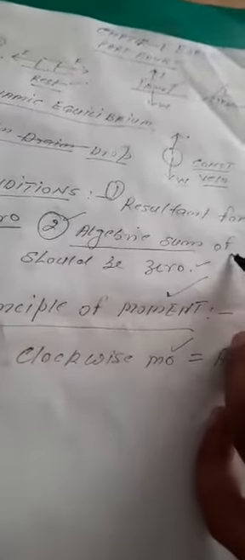Now the question is, what are the conditions for equilibrium? First condition: the resultant force acting on the body should be 0. And the second condition is that the algebraic sum of moments acting on the body should be 0.